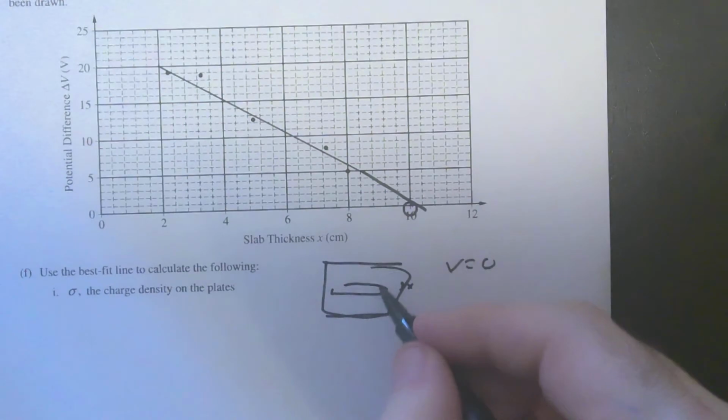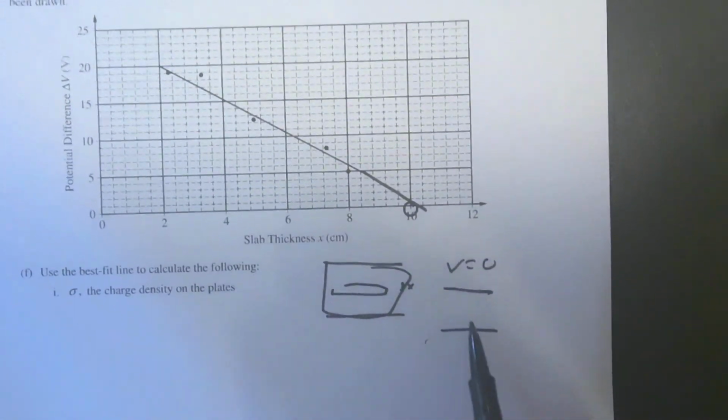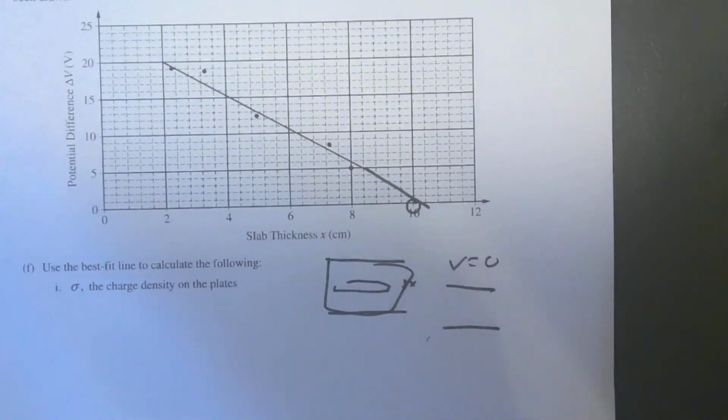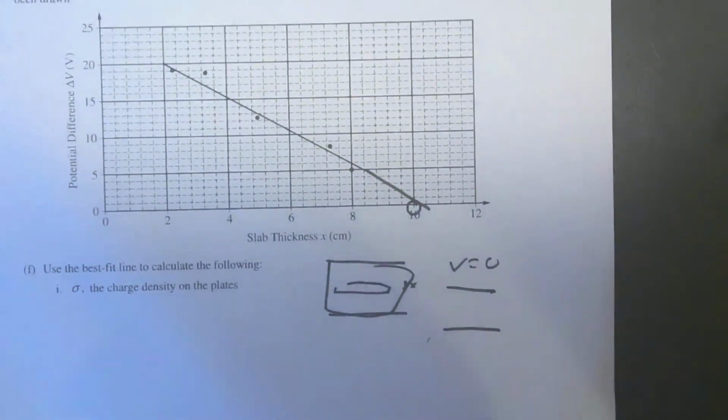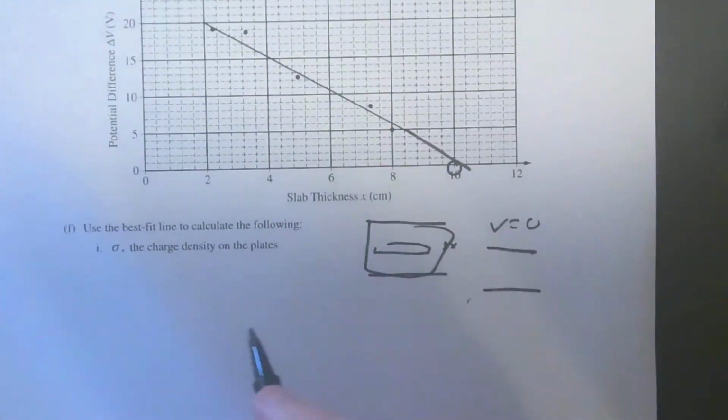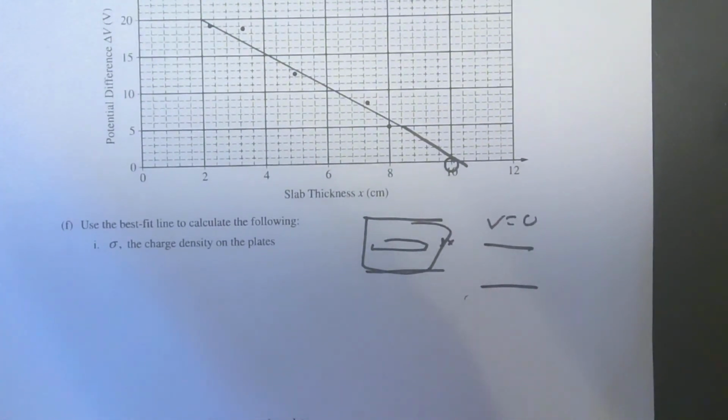Again, the reason is that as this gets thicker, as more of the metal takes up the capacitor, you're going to have less and less electric field, which means less and less voltage. Now we can figure out the charge density.